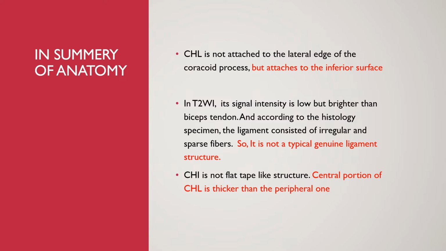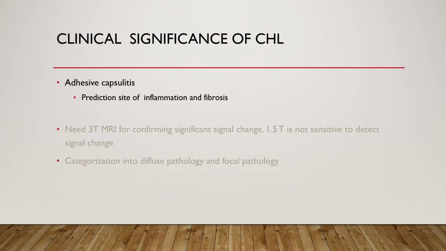According to the histology specimen, the ligament consists of irregular and sparse fibers, so it is not a typical genuine ligament structure. Inflammation and fibrosis of the coracohumeral ligament are some of the most common findings of adhesive capsulitis.